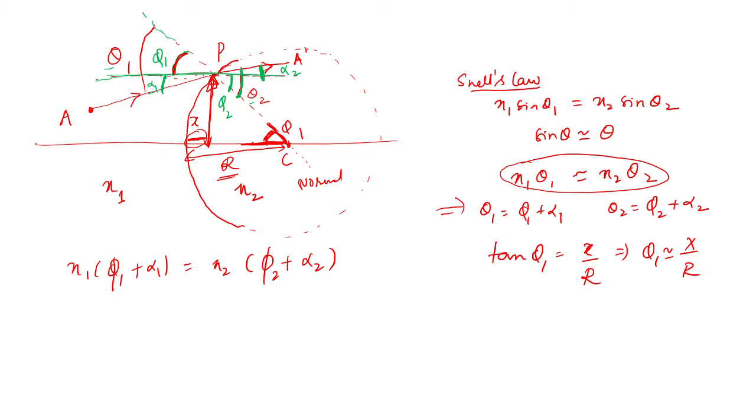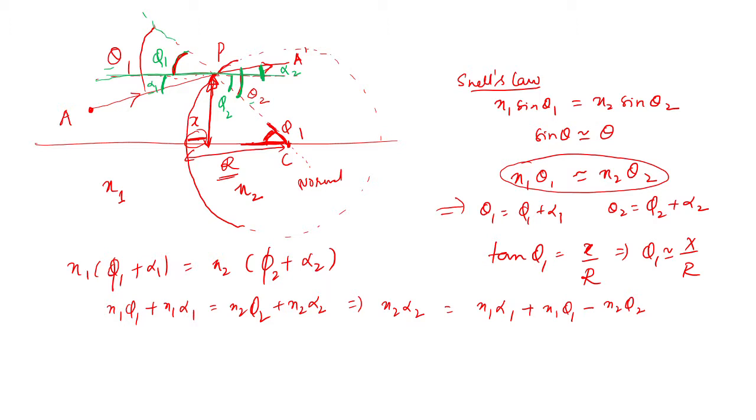Then I can write this as n1 phi 1 plus n1 alpha 1 is equal to n2 phi 2 plus n2 alpha 2. Or I can further write this as n2 alpha 2 is equal to n1 alpha 1 plus n1 phi 1 minus n2 phi 2.